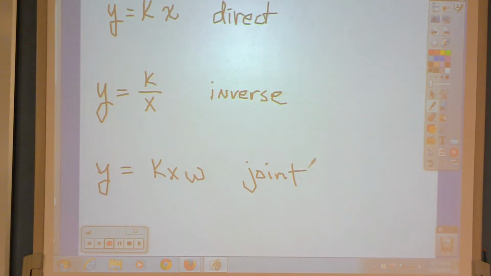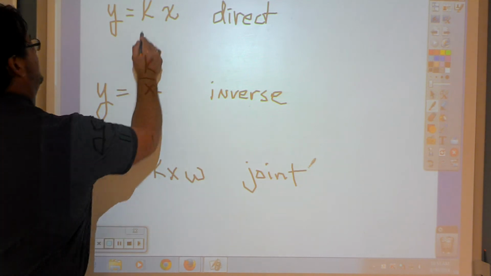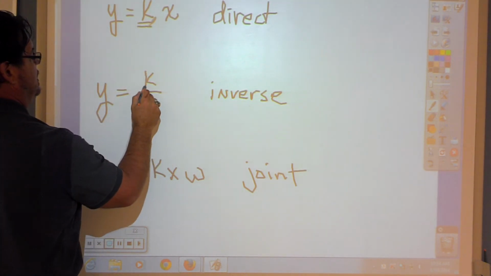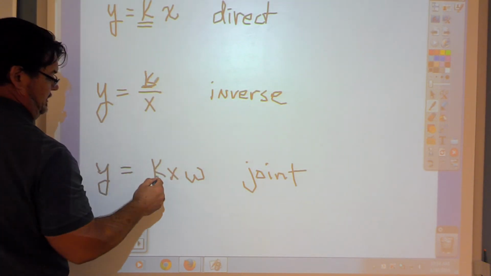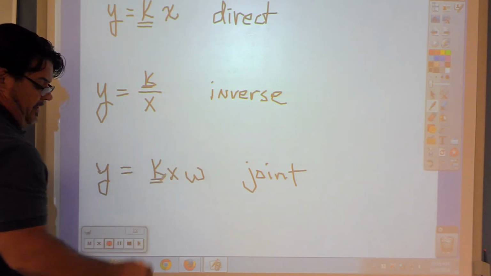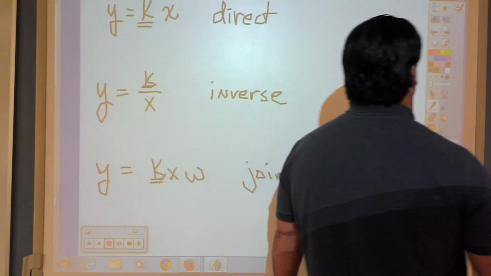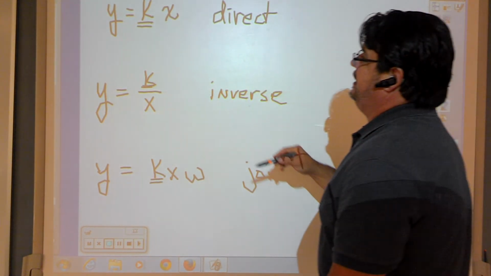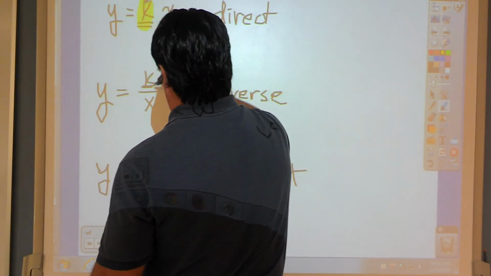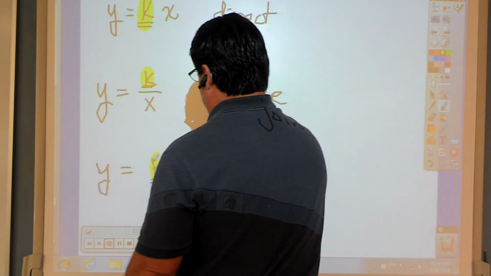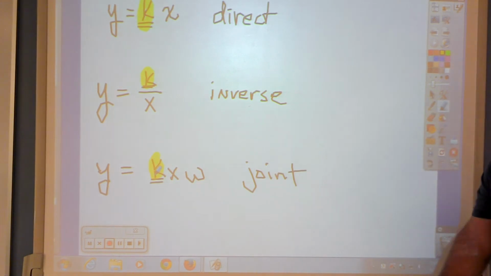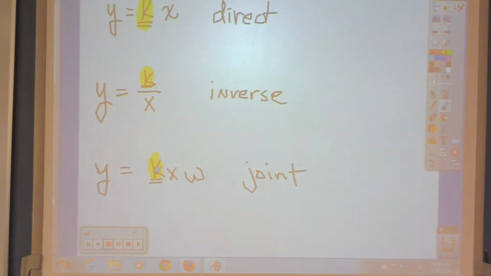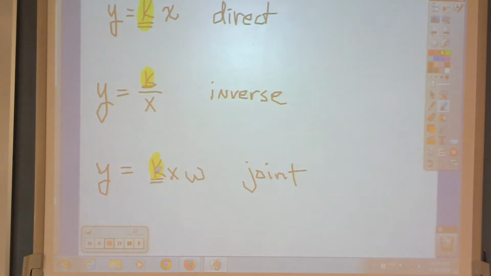In this section of 7.5, you're going to be working with these 3 formulas. K is what we call a variation constant. A variation constant is basically a fudge factor. You will hear fudge factor in science. A fudge factor is a number that makes an equation work.